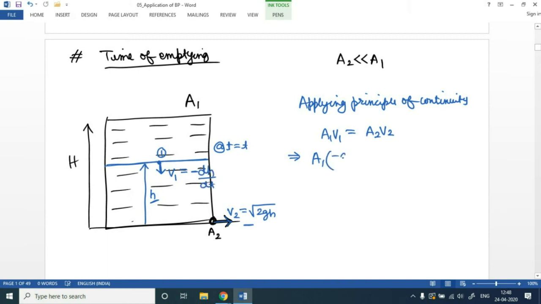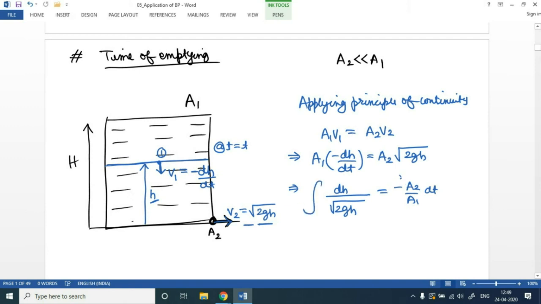Let's substitute that value: minus dh by dt into A1 is equal to A2 times v2, which is root 2gh. This is a differential equation in h and t, so let's make it variable separable. That would be dh divided by root 2gh is equal to minus A2 by A1 into dt, and then we will integrate both sides.